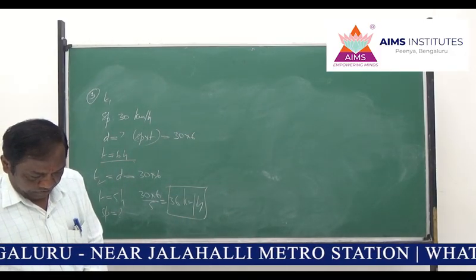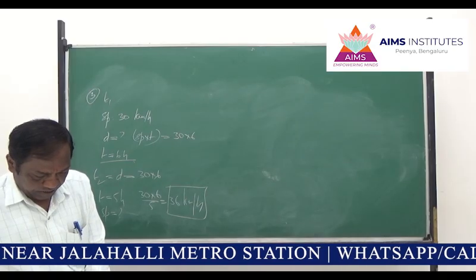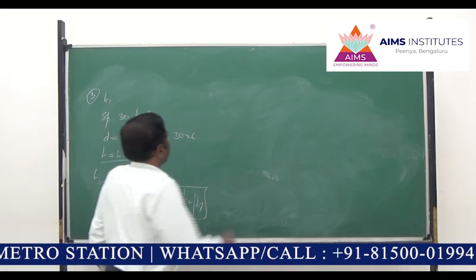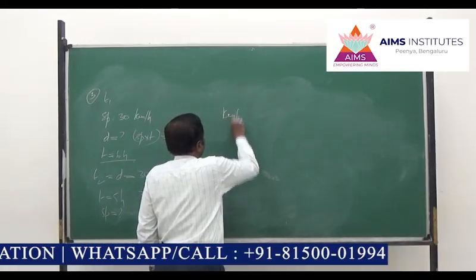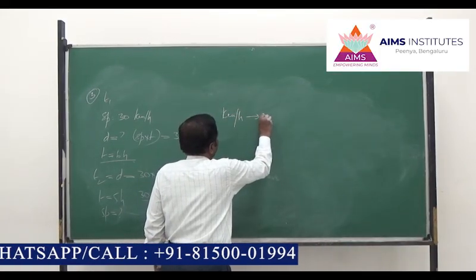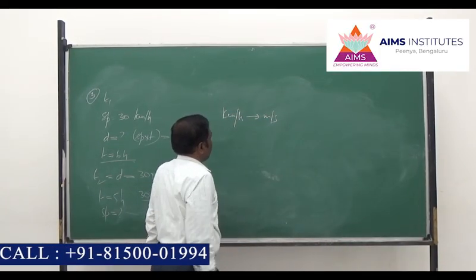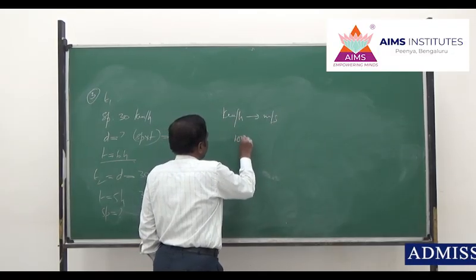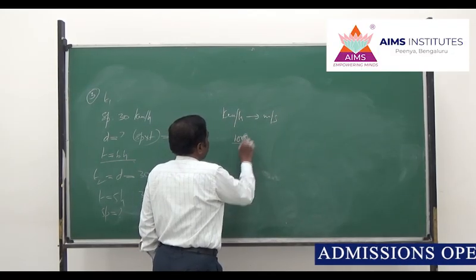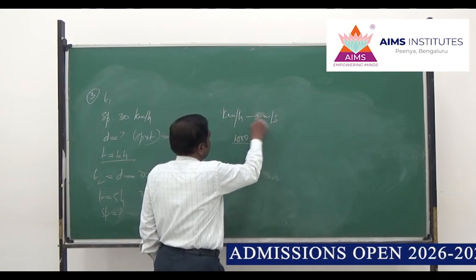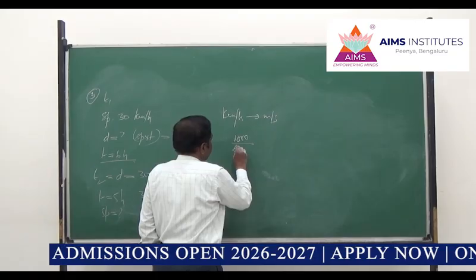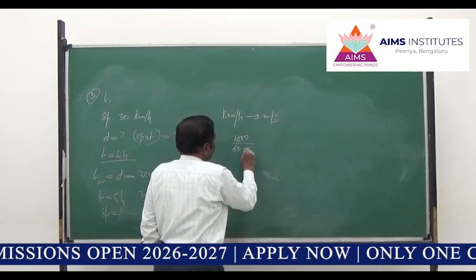Fifth one, convert the speed of an object 36 kilometer per hour into, okay. So now, kilometer per hour to meters per second. Kilo means 1000, by hour is a meter. Hour should be converted to seconds. Hour is 60 minutes, so seconds will be 3600.